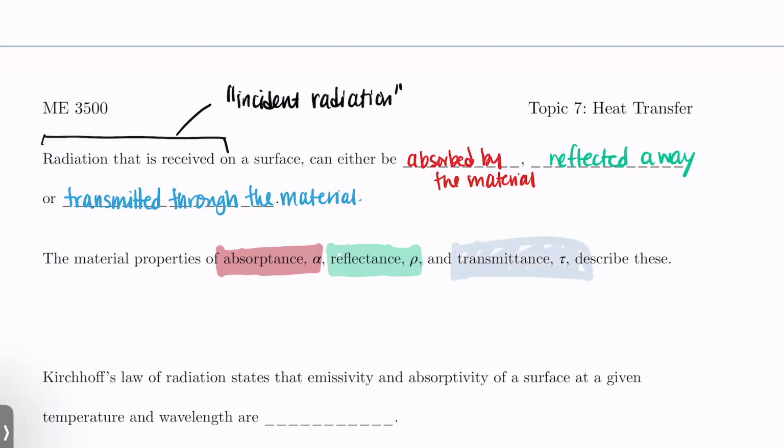Essentially, whatever the Q dot value of radiation is, it's going to be divided into these 3 categories.